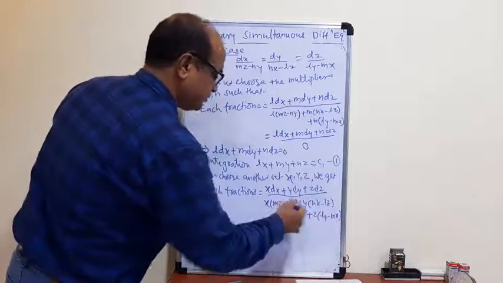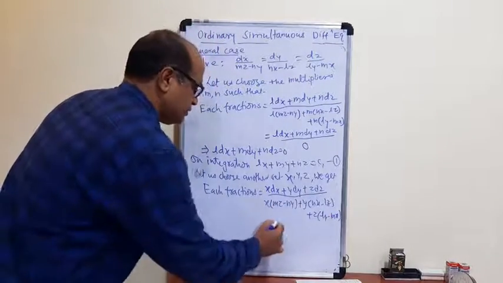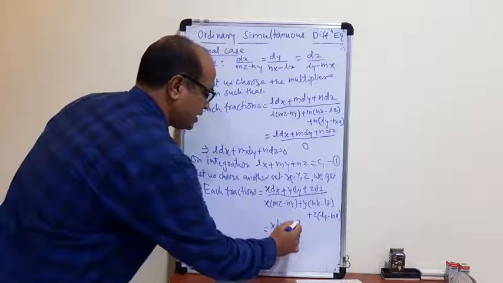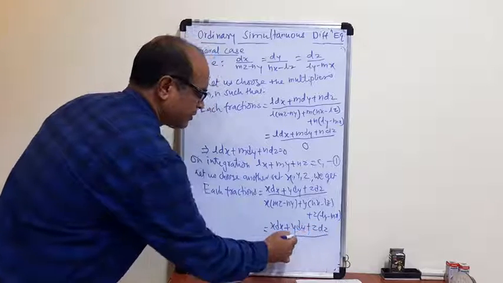After simplifying, this is 0. Therefore x dx plus y dy plus z dz divided by 0 here.